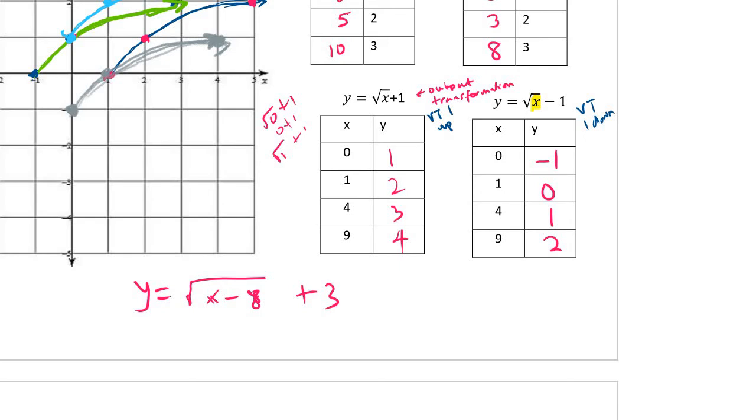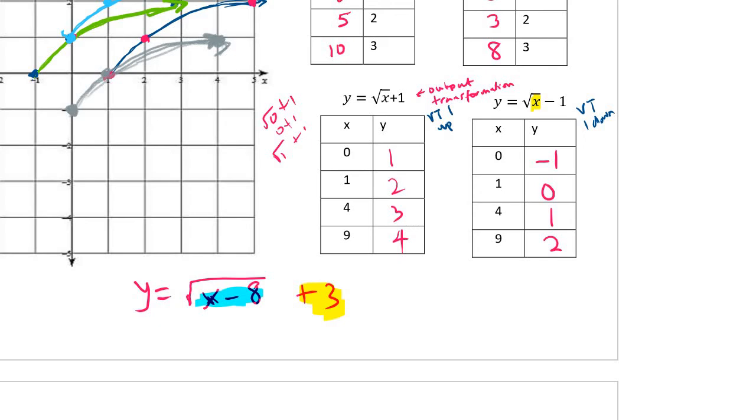What do you think is happening to this function? Because I have more than one thing added to it. So you see, it has both input and output transformation. Both of them.